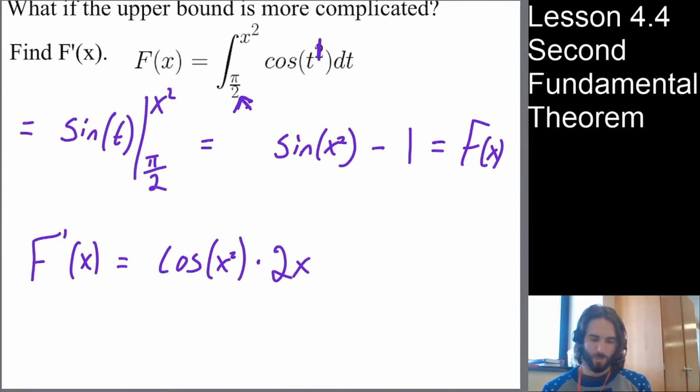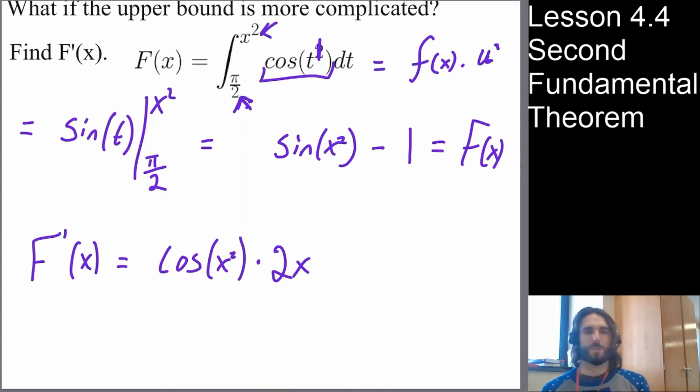So that's why we end up with this thing just equaling f of u times u prime. Okay, so notice here we ended up with cosine x squared times 2x. So that's the same thing that was here, except we had to multiply by the derivative of that x squared.